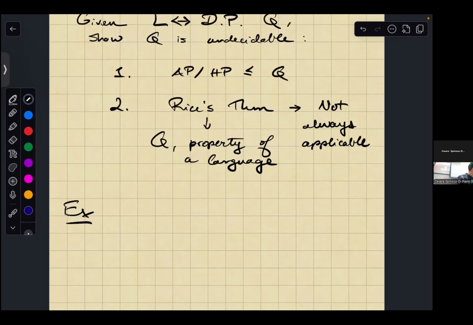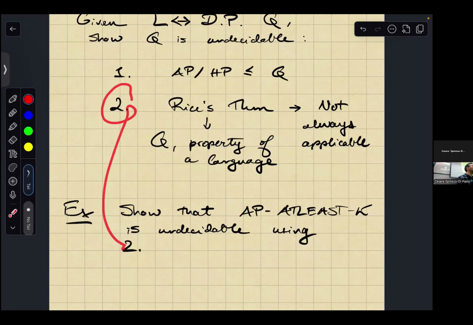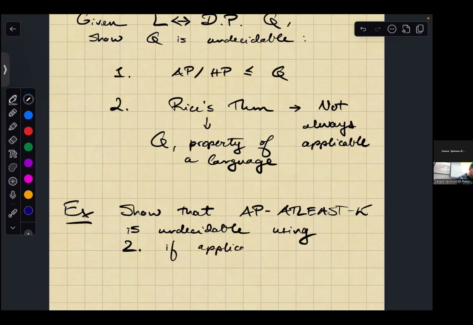So let's do a first one. We want to show that, I'm going to give it a name, the at least K acceptance problem is undecidable, where the instruction is using 2, so 2 being Rice's theorem, if applicable, and 1 otherwise.